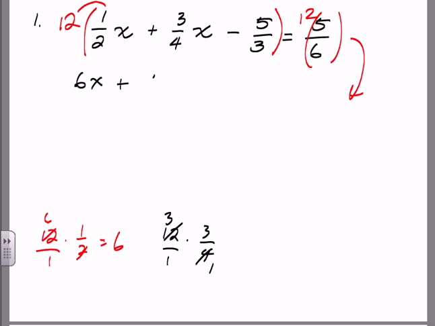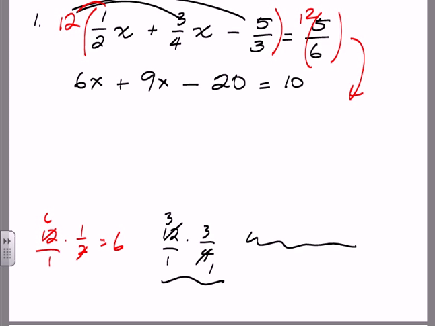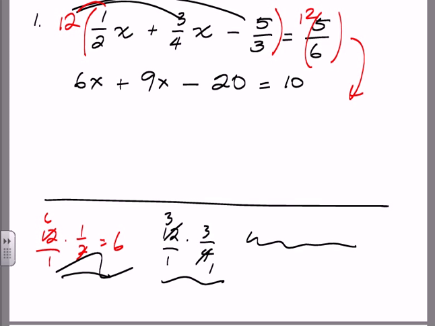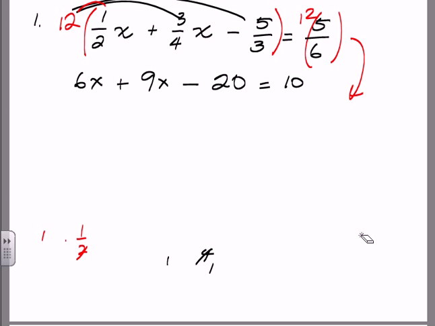You would get a 3, so we've got 9x minus, and then 12 times negative 5/3, you would get negative 20, and 12 times 5/6, you would get 10. So I'm not doing this part for every step, but remember, you can multiply the 12 times each one of those fractions down here.